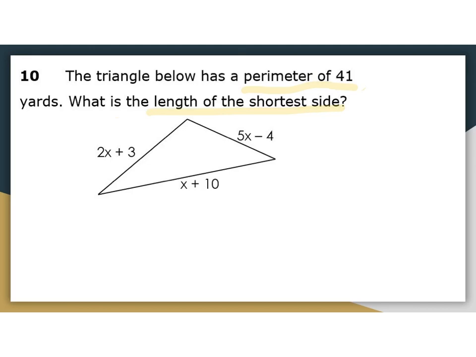When we're looking at our picture, we notice that we have 2x plus 3, x plus 10, 5x minus 4. We have to combine all of our like terms and set it equal to 41.